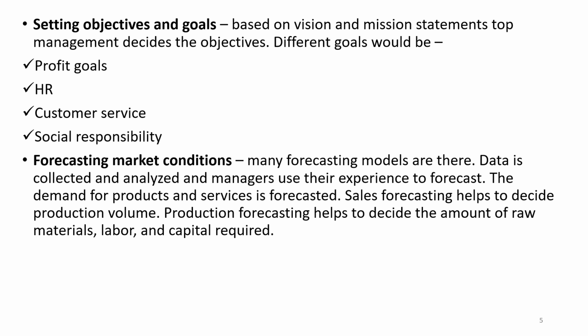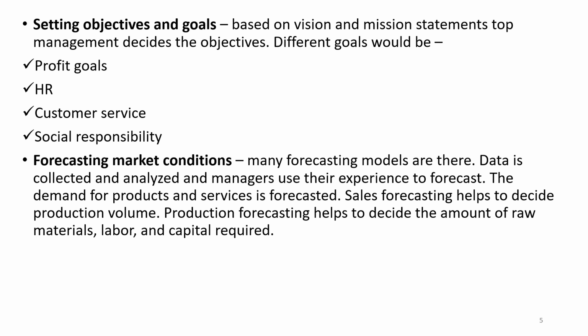And nowadays, companies are very particular about social responsibility. That means they want to show the public that they care for society. So they will show in their objectives and goals that they are doing so many things for society, like during floods and all.